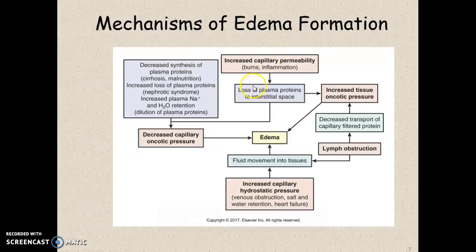For increased capillary permeability, that is one of the mechanisms that leads to edema. Why does it lead to edema? Because the capillary permeability is an issue, and that causes the plasma proteins to move into the interstitial space. Then your vascular oncotic pressure goes down, and you can no longer pull fluid back into the vasculature. This can be caused by burns and inflammation, but burns and inflammation aren't the mechanism for edema formation.